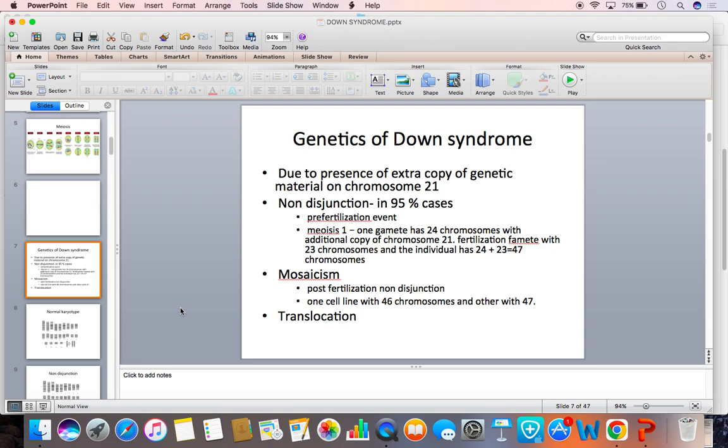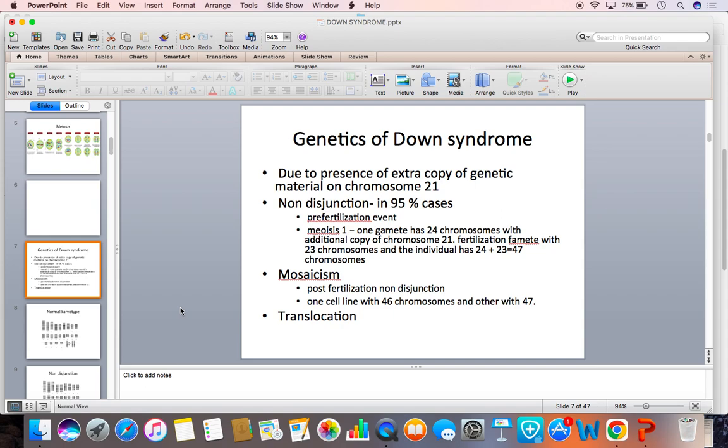Non-disjunction is a pre-fertilization event. That means it occurs during the formation of the gametes. At the end of meiosis 1 division, one gamete will have 24 chromosomes instead of 23.